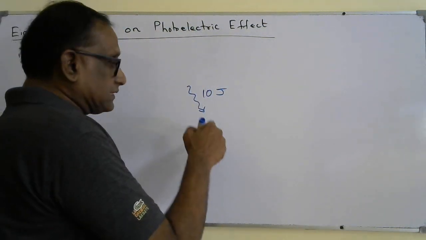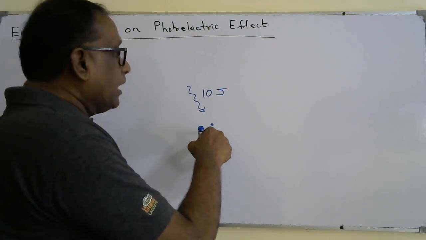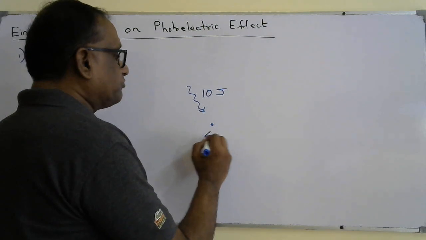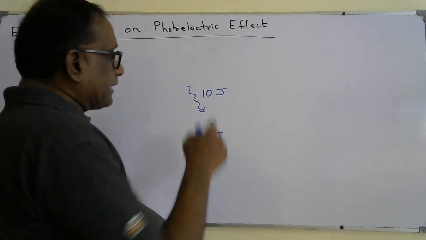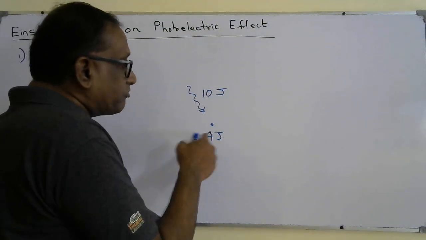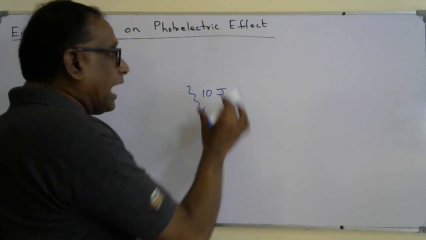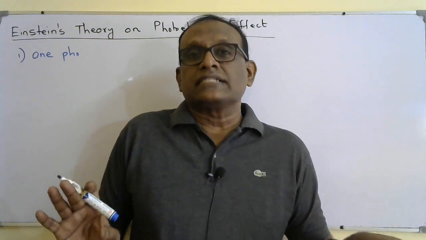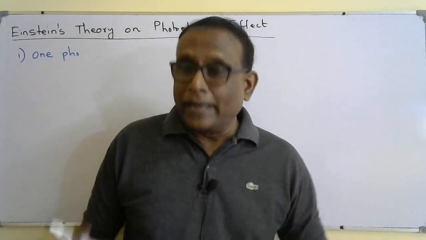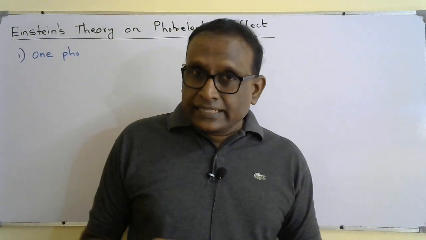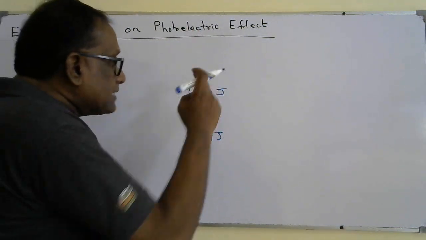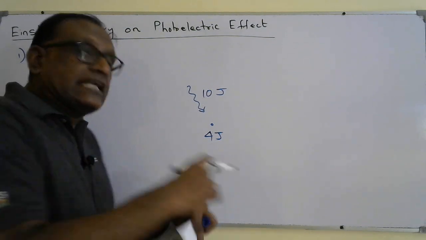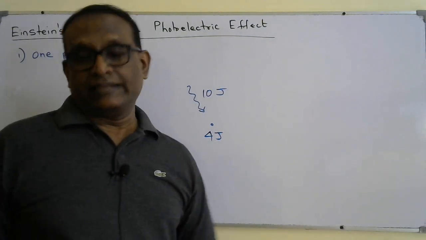Imagine the minimum energy required to remove the electron from the atom is 4 joules. It's not like the photon gives 4 joules to remove the electron and carries the balance of 6 joules. No, it never shares its energy with matter, meaning the electron. Either it will give all its energy to the electron, or it will move without any interaction.